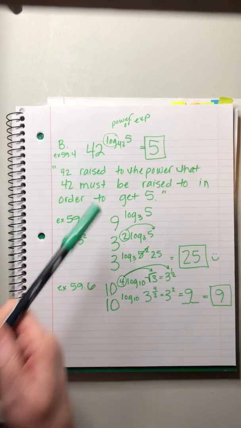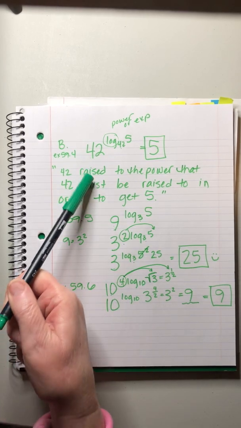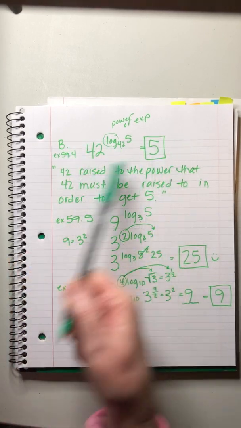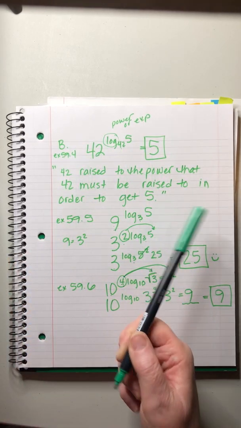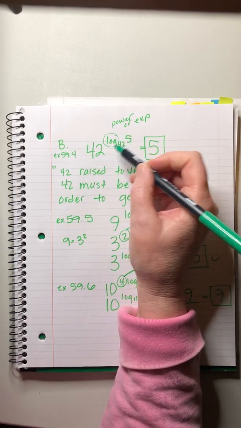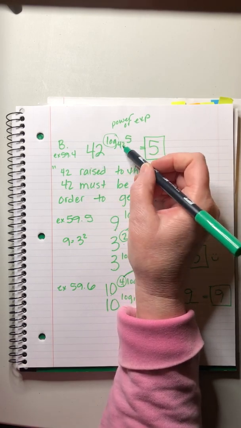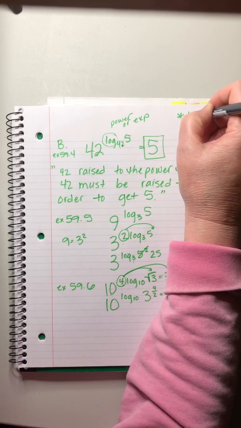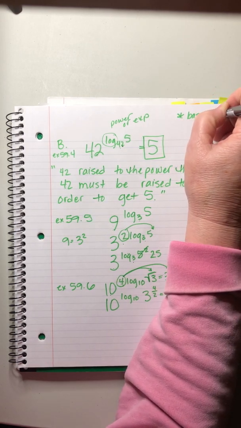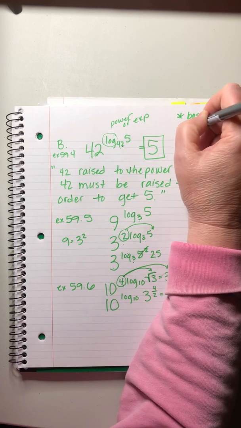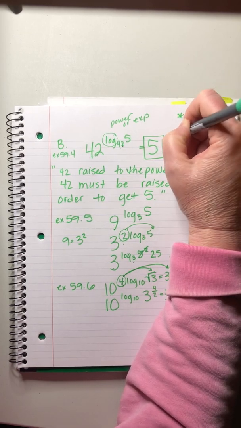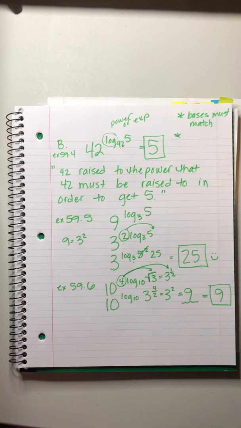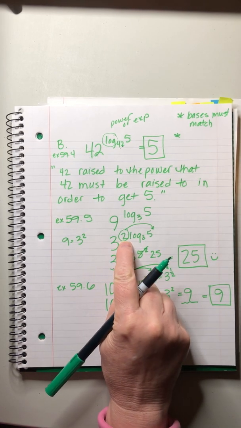This is the key. If you ever get confused on these, go back to this problem and read that over and know that we're trying to make the bases match here. The bases have to match. And then we have to get rid of, these are the rules we've found so far.